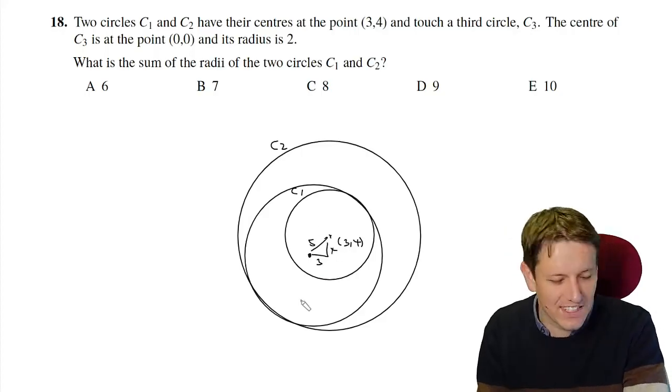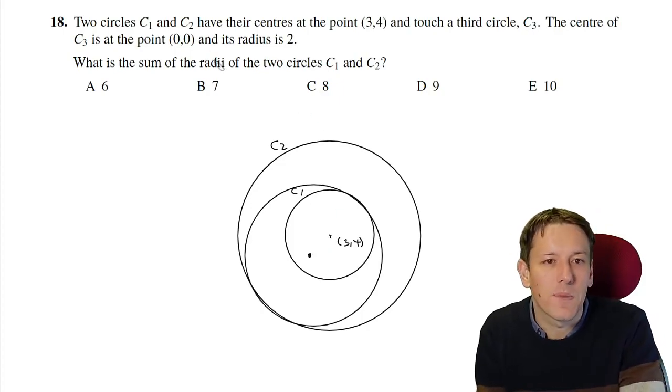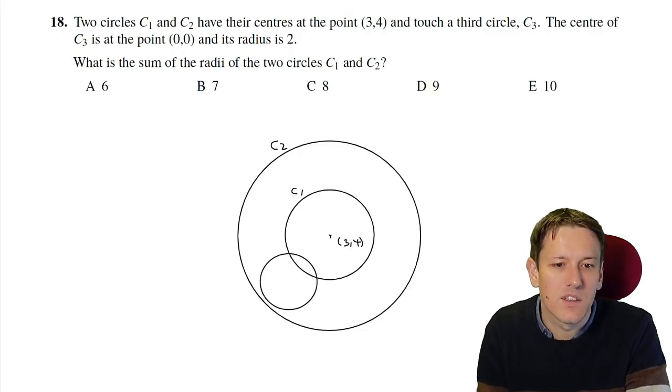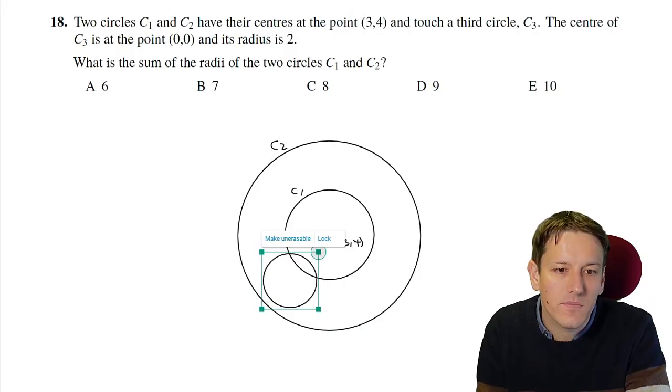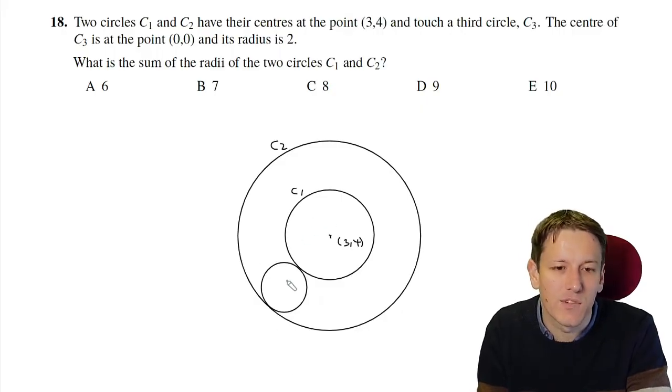So actually this circle would end up having a radius much bigger than 2. Okay, so the other way we can do it is to put this third circle somewhere down here, so it's sort of like just in between these two circles, and this looks a lot more reasonable that it could have a radius of 2.